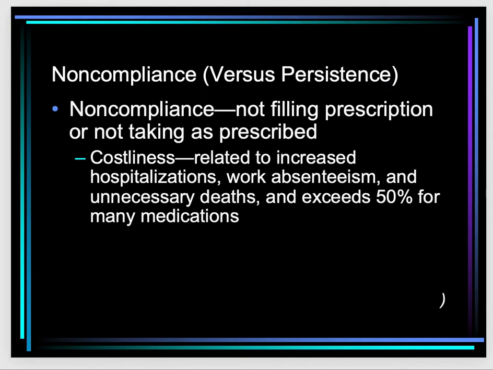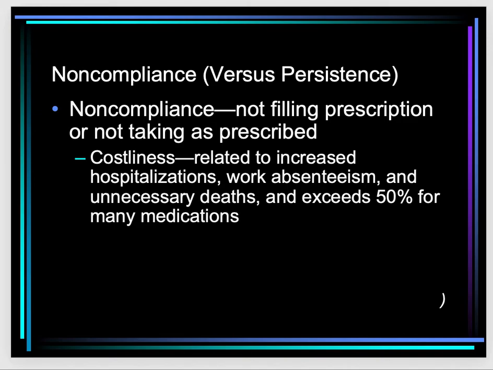We also want to talk a lot, because in older populations, and this class is geared more to chronic diseases and unfit people, we have non-compliance versus persistence. Non-compliance is what we commonly see. These are people not filling the prescription, people not taking the medicine as prescribed. Sometimes it's because it's too costly, too expensive.